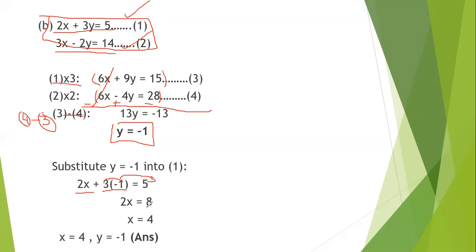So +5, +3 becomes 8. So 2x is equal to 8 and x is equal to 4. So this is our solution set, that is x is equal to 4 and y is equal to -1.